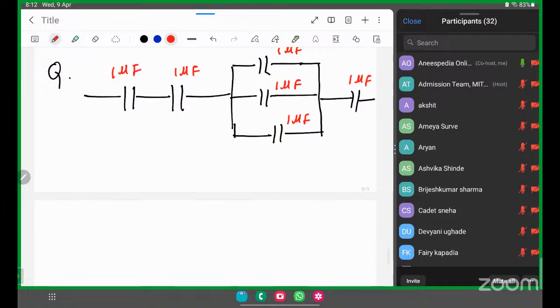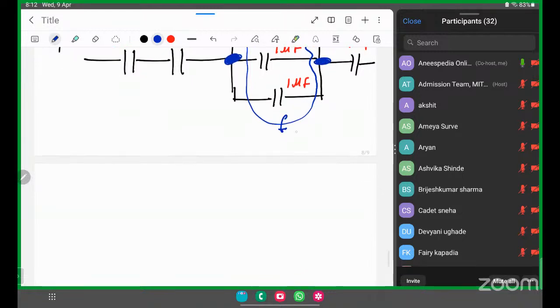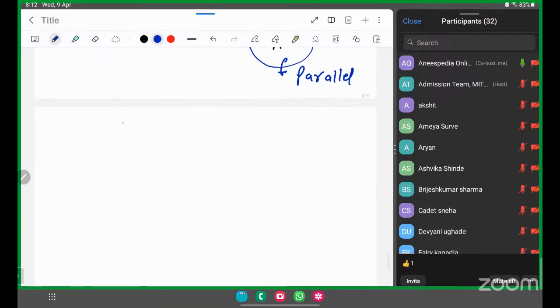So in this case, we have some capacitors in series and some capacitors in parallel. All these three capacitors are in parallel because they are emerging from one single point and they are again connecting to one single point. In parallel combination, we have resultant Cp, which is given by C1 plus C2 plus C3, that is 1 plus 1 plus 1, which is 3 microfarad.